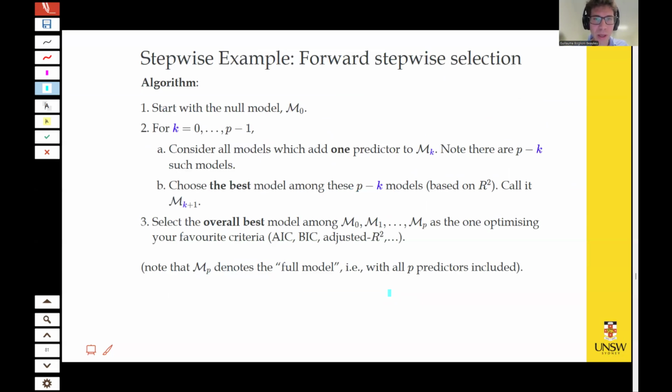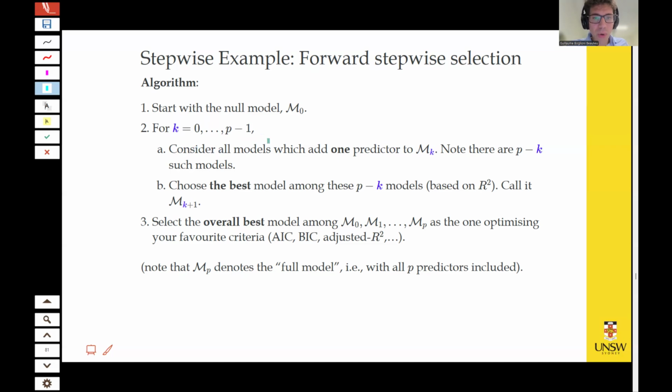So what is this forward stepwise selection? Let's explain the algorithm. Once again, you start with the null model. Once again, you're going to do a step for all the k's from 0 to p minus 1. But what is now the step?